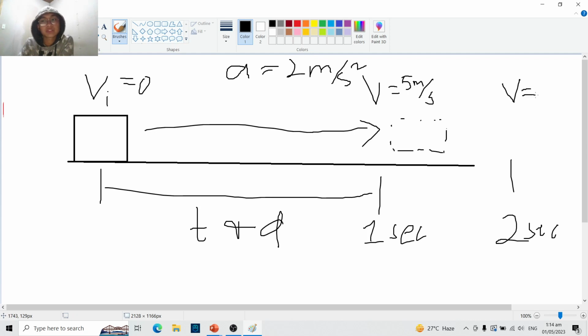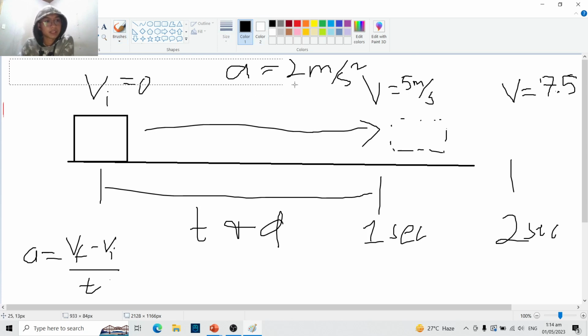After 2 seconds, you add to the velocity, so it reaches 7.5. What I did was base it on the equation a equals vf minus vi over time. Maybe I made a mistake, but okay, let's say the acceleration is uniform. The velocity changes, but the equation for acceleration stays the same.